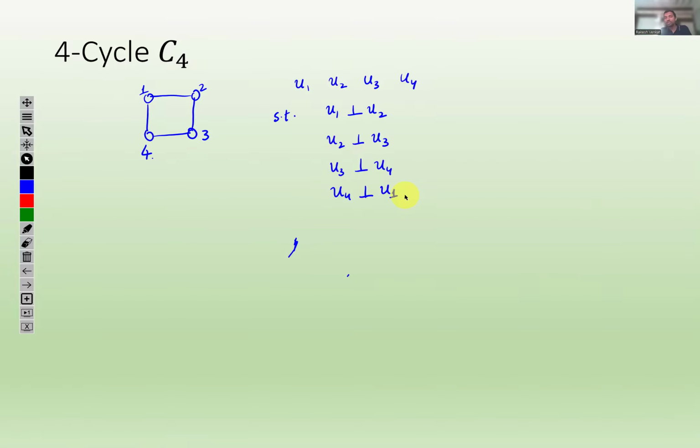So Shashwat's question on the chat is whether the condition is for E bar. Oh, sorry, that's right.